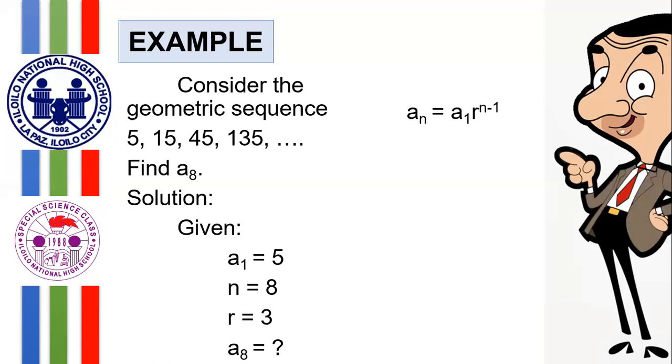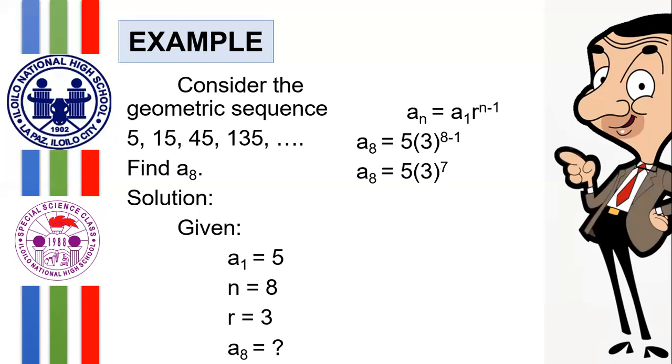For the 8th term, using again the explicit form and by substitution of these variables, you have a sub 8 equals 5 times 3 raised to 8 minus 1. Note that 8 minus 1 is the exponent of your common ratio only. 8 minus 1 simplifies to 7.